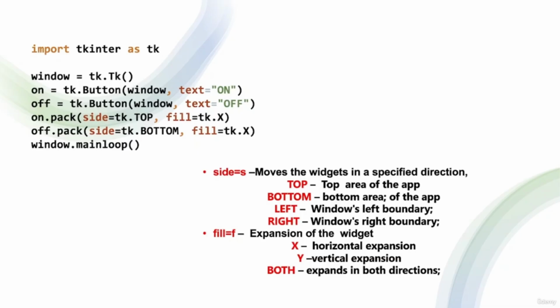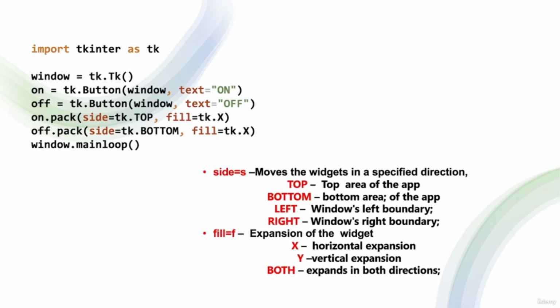So in this practical example, we will use the pack method to position the two buttons which we are about to create so that they occupy the entire window. We will create the buttons named On and Off and use the pack method for coordinates.